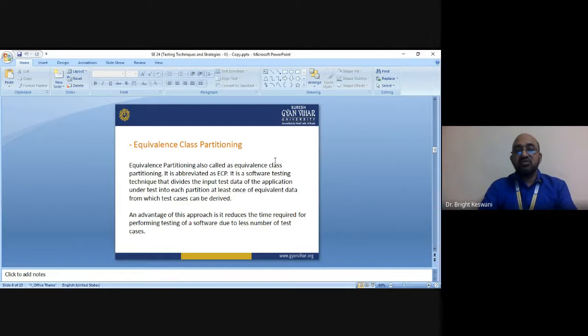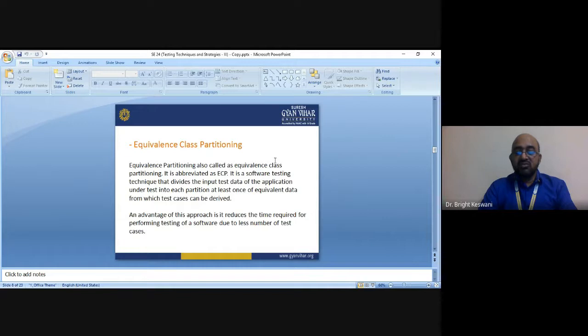Equivalence partitioning, also called equivalence class partitioning and abbreviated as ECP, is a software testing technique that provides input test data to the application under test. From each partition, at least one equivalent data is chosen from which test cases can be derived.